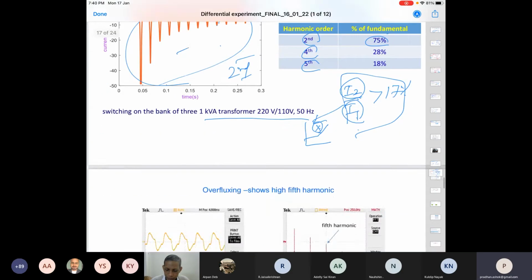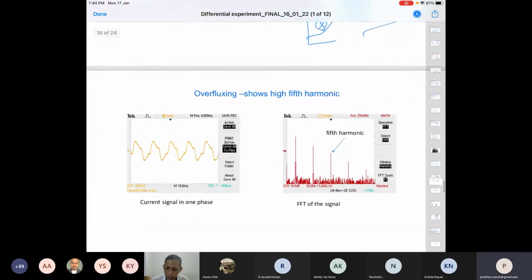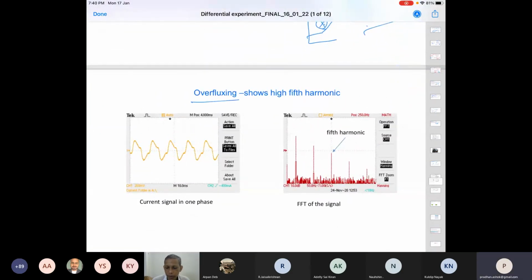This is one check. The second check is about overfluxing. Another point is that suppose it is not loaded or lightly loaded, and suddenly the transformer voltage on this side goes high during night or light loaded condition.